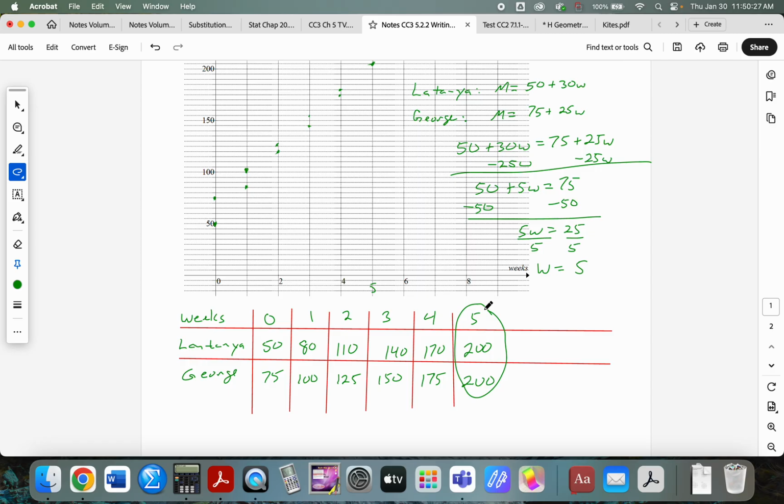Okay, so let's talk about the drawbacks for these. What's the drawback for graphing that? It takes a pretty good amount of time, and with this one, since the lines were so small, it was difficult to be super accurate. Yeah. What about for the table?